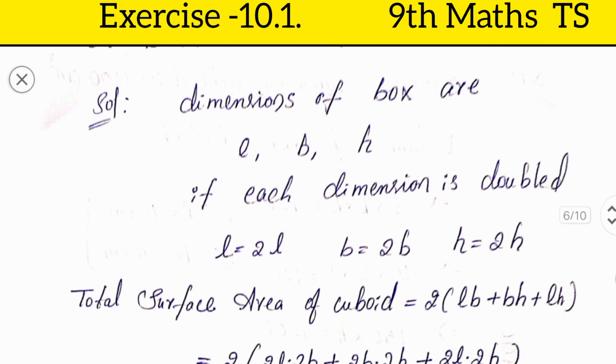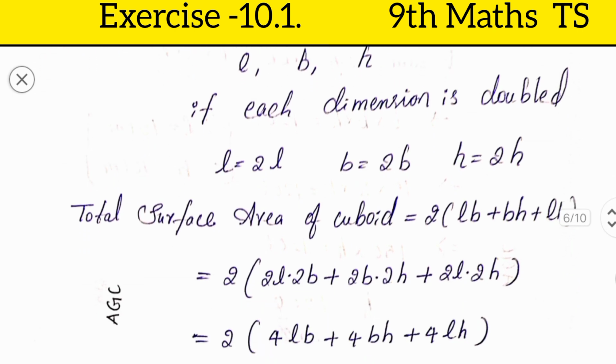So dimensions of the box are L, B, H. If each dimension is doubled, L becomes 2L, B becomes 2B, H becomes 2 times the height. So then the total surface area of the cuboid is 2 of LB plus BH plus LH. So just substitute all the values.